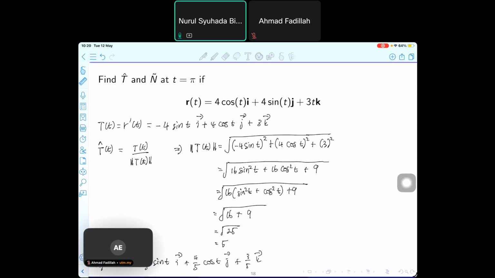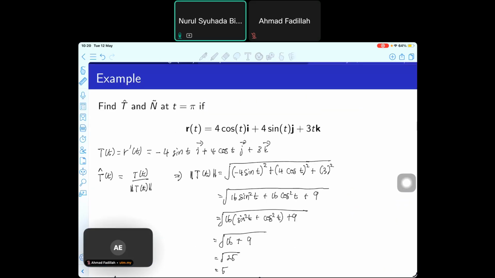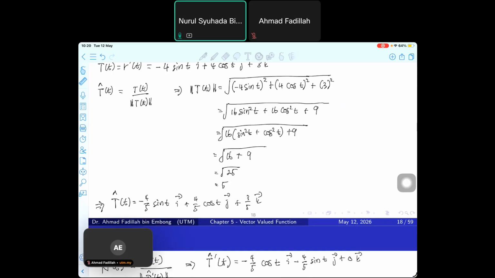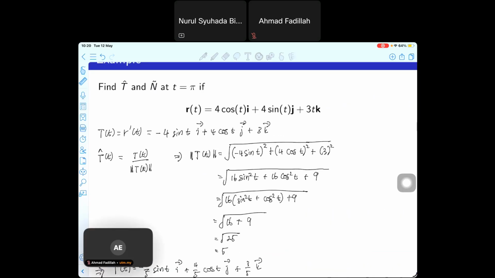Let us say r is given by the following equation: 4 cos t, 4 sin t, plus 3t.